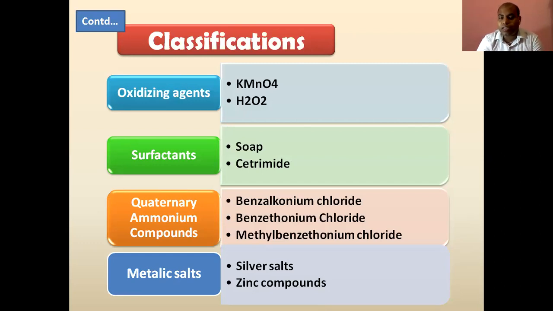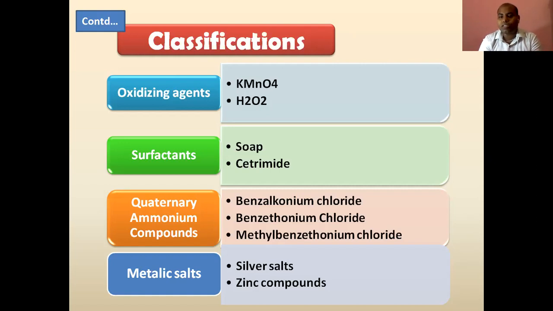The next classification is surfactants. Surfactants are also known as surface active agents because they reduce the surface tension between the various layers. By reducing surface tension, they make the cell structure miscible with the liquid, and as a result the cell structure of the microorganism bursts out.